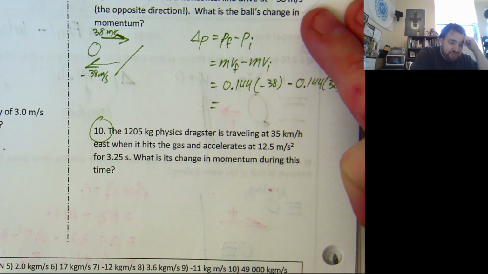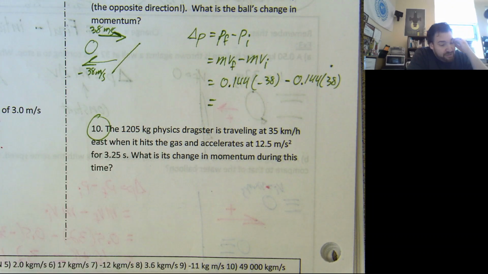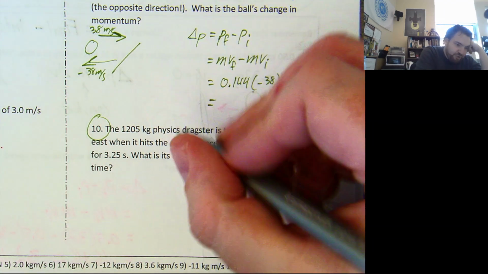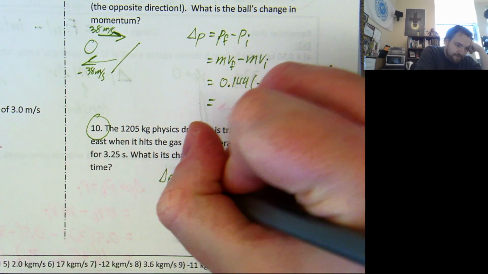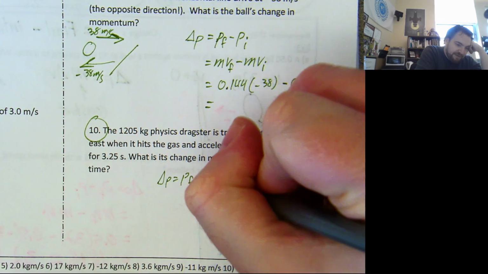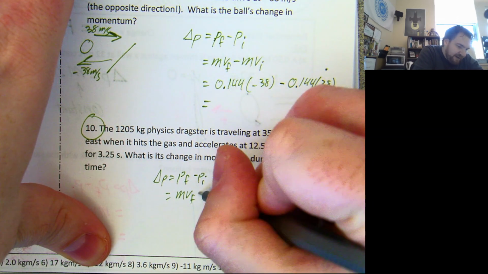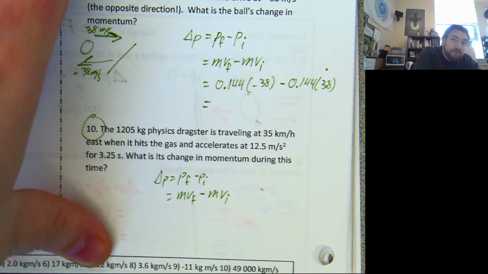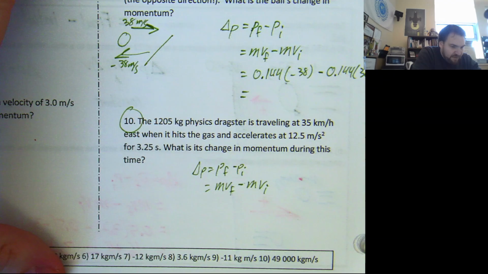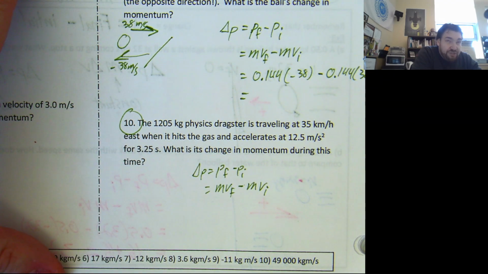Number 10, you have a physics dragster. It's traveling 35 kilometers per hour east when it hits the gas and accelerates at 12.5 meters per second squared for 3.25 seconds. What is its change in momentum during this time? So change in momentum is momentum final minus momentum initial, which is mass times velocity final minus mass times velocity initial. There's a lot we need to tweak here.